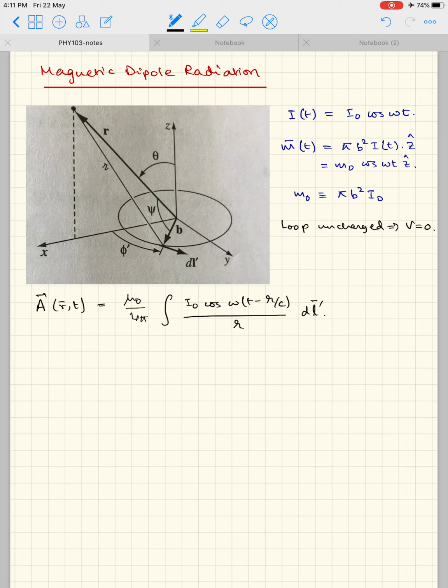So now let's look back at the figure, and what we want to say is that for a point r that is directly above the x-axis, A has to be in the y direction, since the x components from symmetrically placed points on either side of the x-axis are going to be equal to 0.